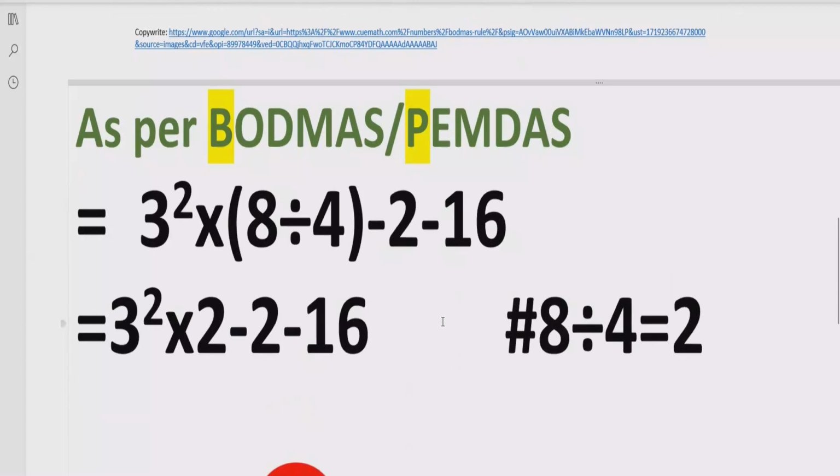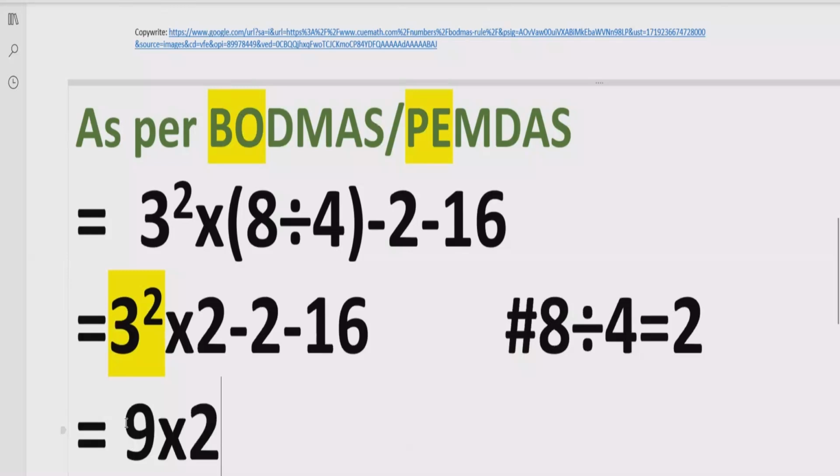Now move forward. Step number 2 is you have to solve the exponent part or order of operation. So we have to go for 3 raised to power 2. So we will solve this one. 3 raised to power 2 means 3 multiplied by 3, which equals 9. And multiplied by 2, we write as it is.